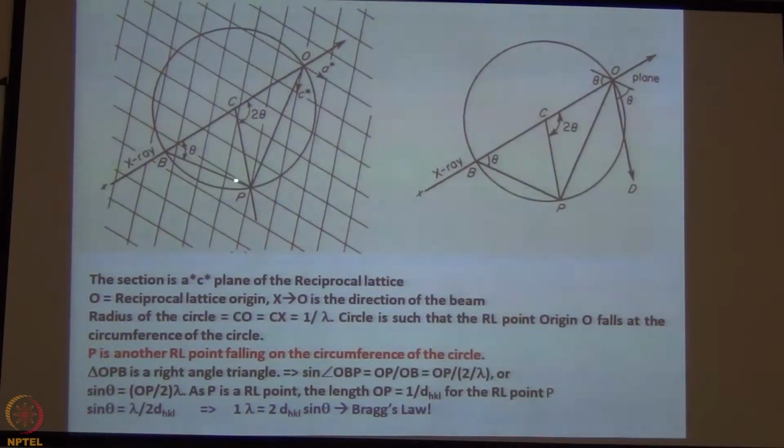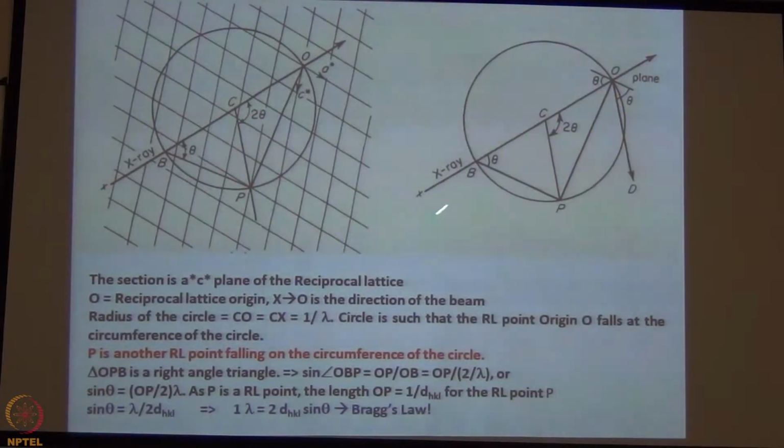If the particular point P represents a plane hkl in the direct lattice, this P is the reciprocal lattice point corresponding to the plane hkl. So the distance from O to P is nothing but 1 by d_hkl.